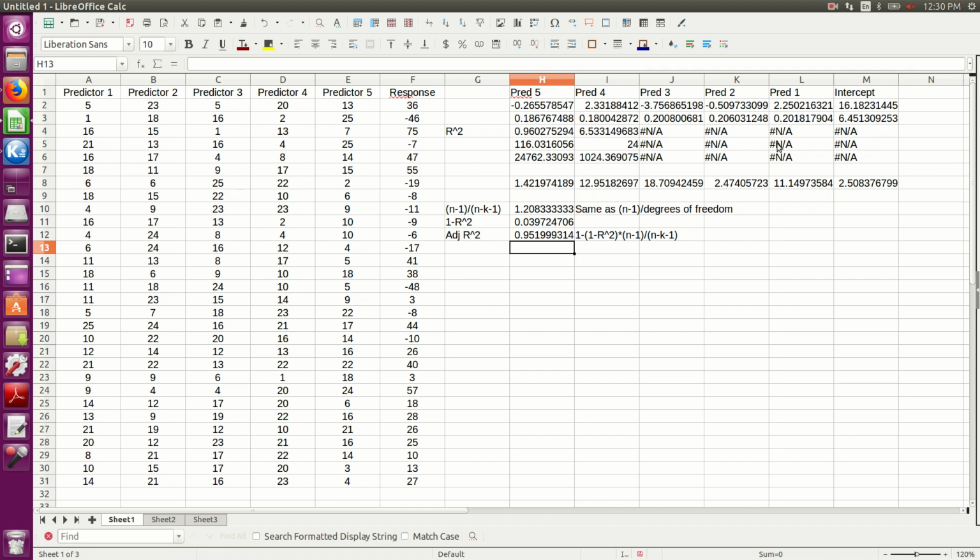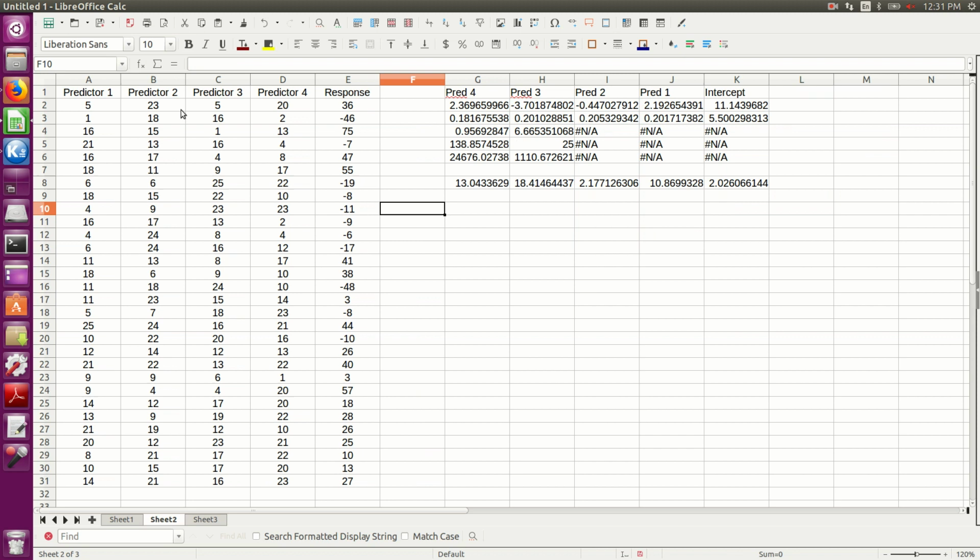So looking at the variables, again, definitely predictor 5 did not look significant. So I wonder about throwing it out. And so I'm going to highlight this stuff and copy it. And then if I go to sheet 2, this is where I threw out predictor 5, so it's not in the mix here.